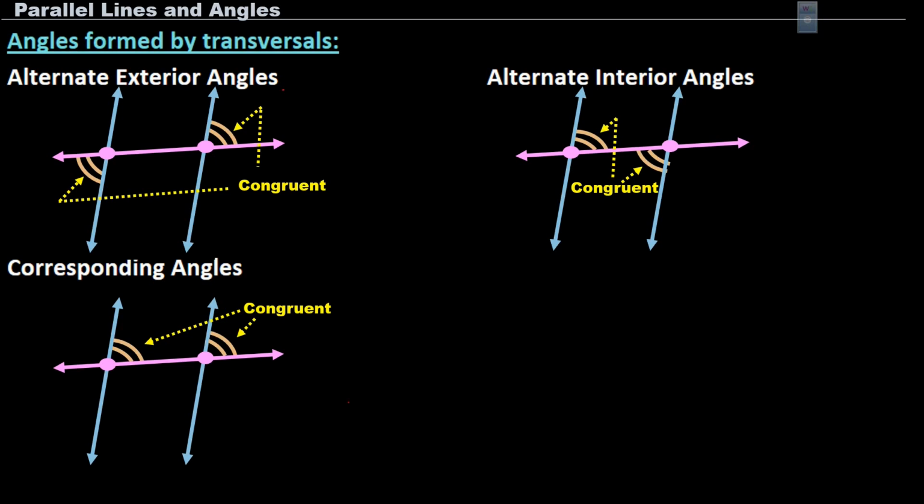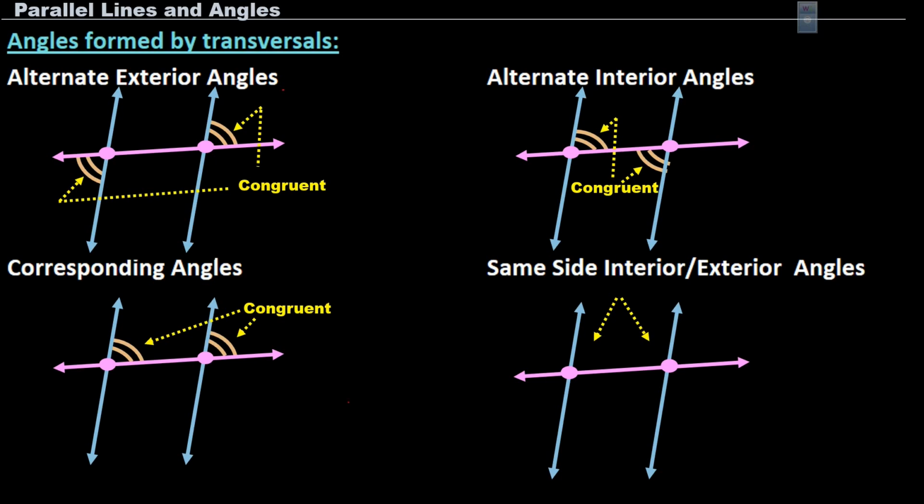And so the last type of angle that we can talk about is same side interior, and, we'll get to it in a minute, same side exterior angles. So if we focus on the interior part of this definition, same side because both these angles are on the same side of the transversal. Interior because they're both located in between the parallel lines.